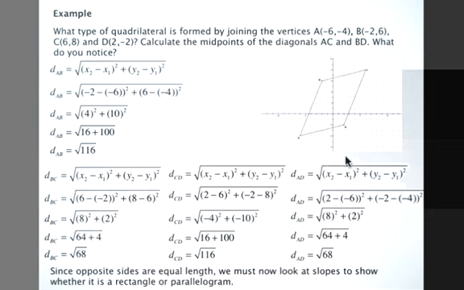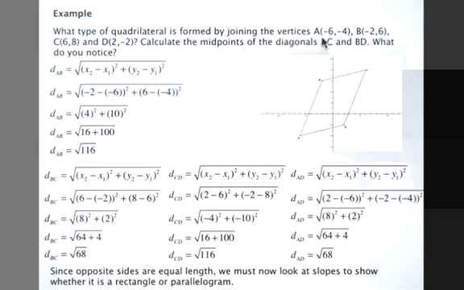So since opposite sides are equal length, AB and CD are both root 116, BC and AD are both root 68, we know that this is either a rectangle or a parallelogram. Now we have to look at slopes. You should note two things.